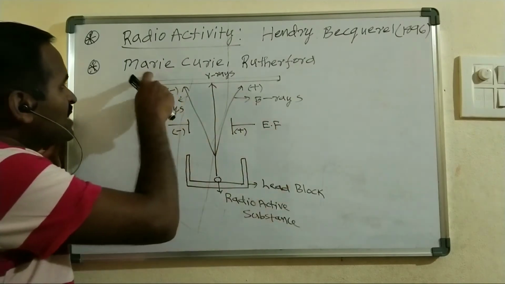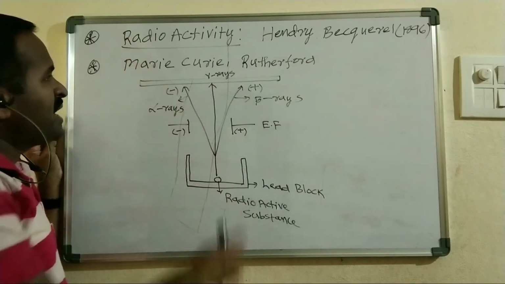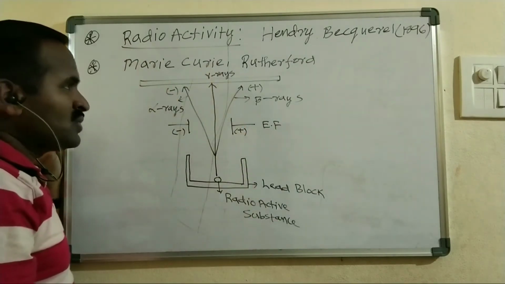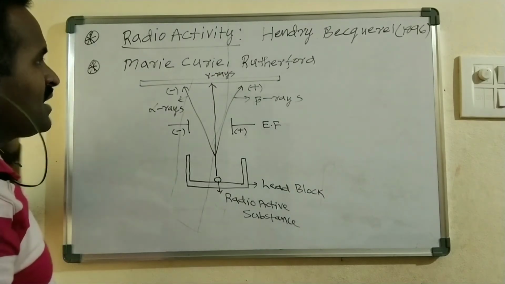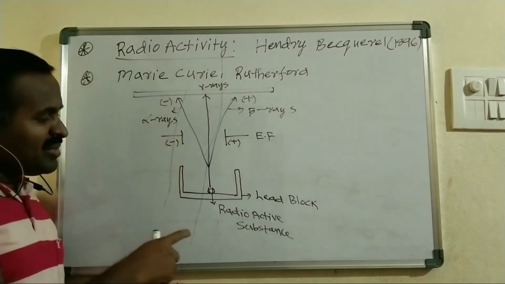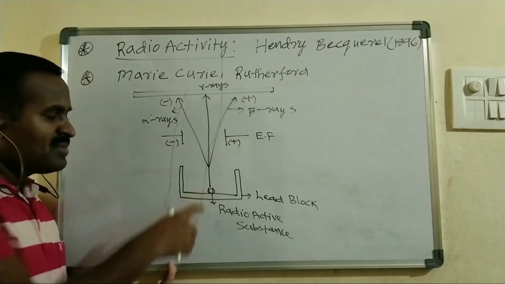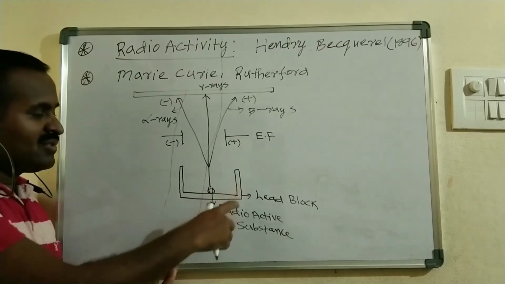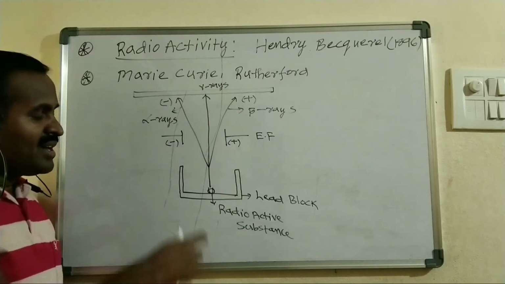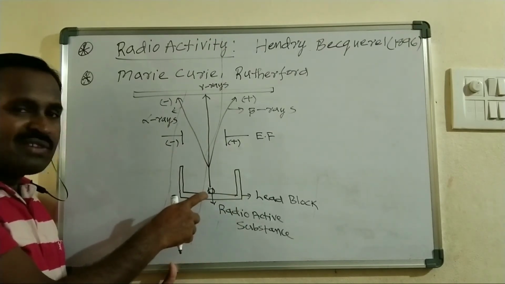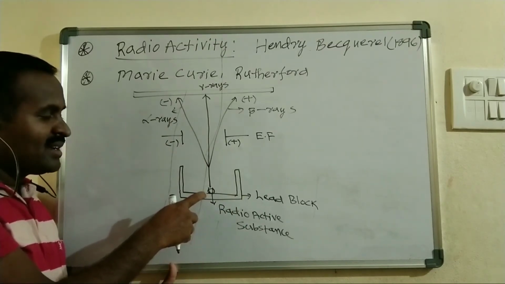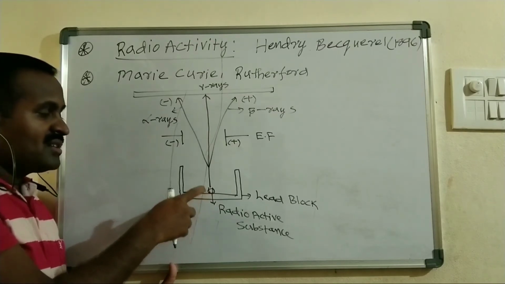It was further developed by the scientists Marie Curie and Rutherford. Some radioactive element, say uranium, is placed in a lead block, and this uranium emits radiation.